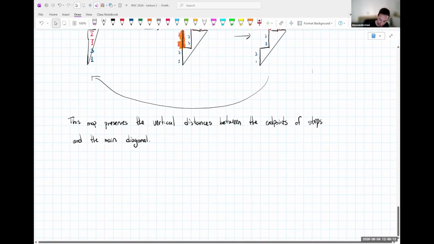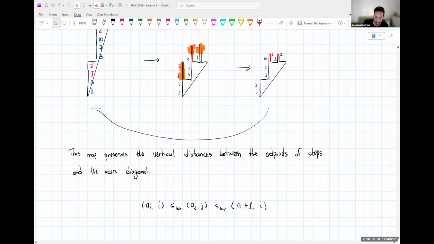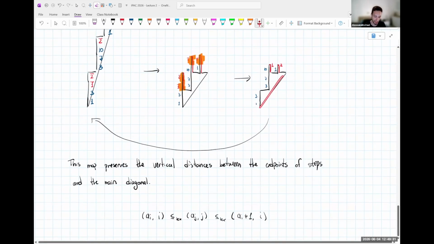Remember, we had an attack relation when A_i was lexicographically less than A_j, less than A_i plus 1. Now, if we use this English representation, then the diagonals are straight. So looking at the horizontal distance, which is this A_i, or looking at the vertical distance is the same.